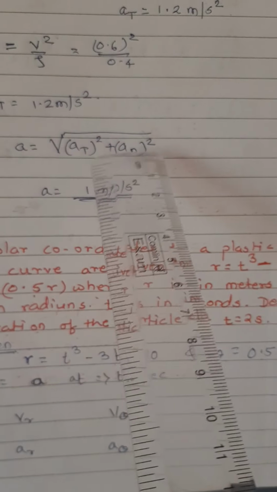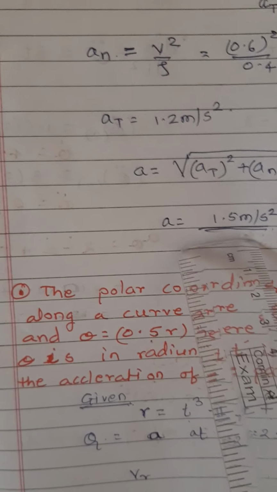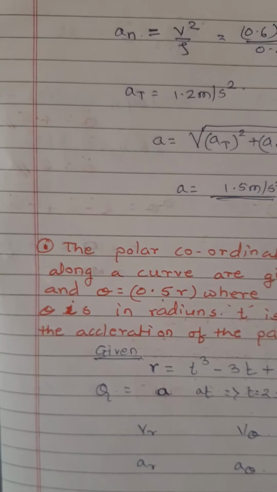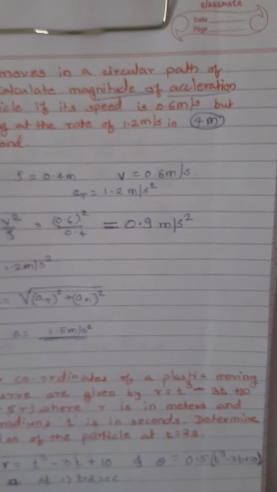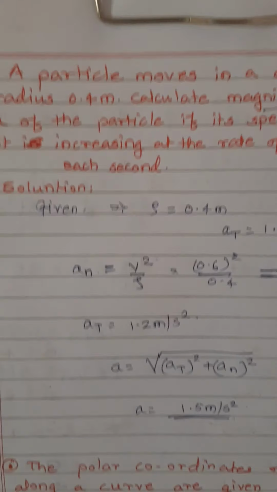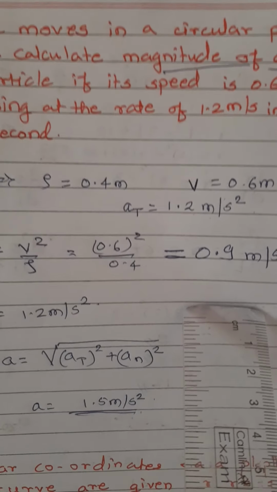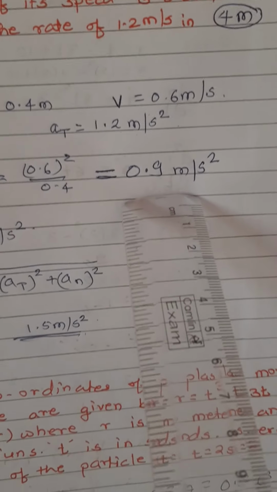If we substitute the values of at and an, we will get A. So an is 0.6 square by 0.4, which is equal to 0.9 meters per second square.